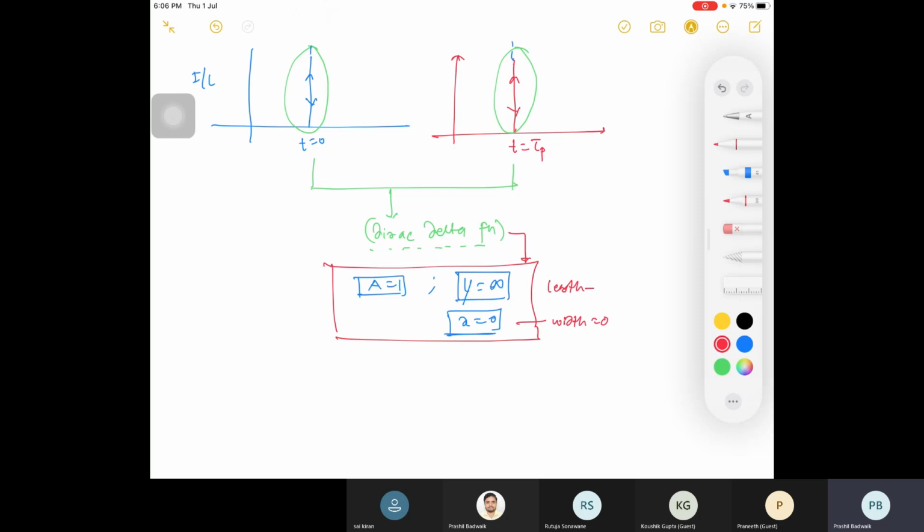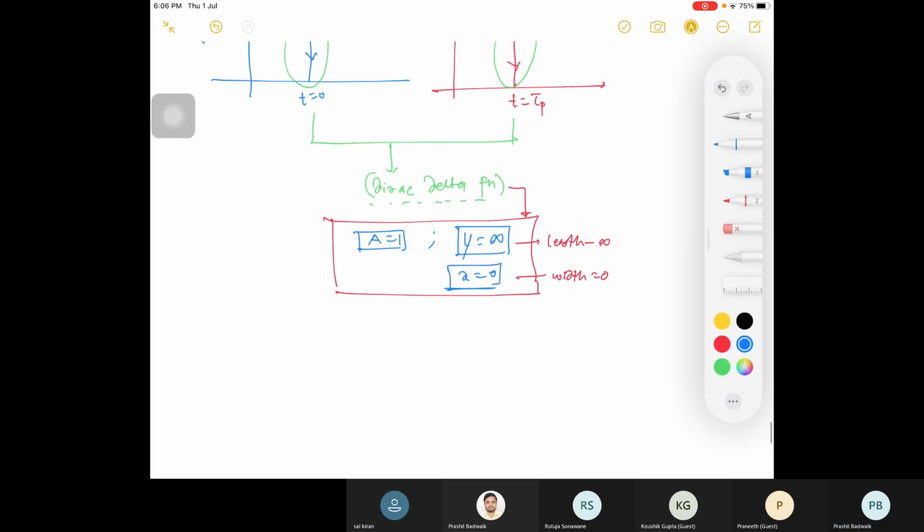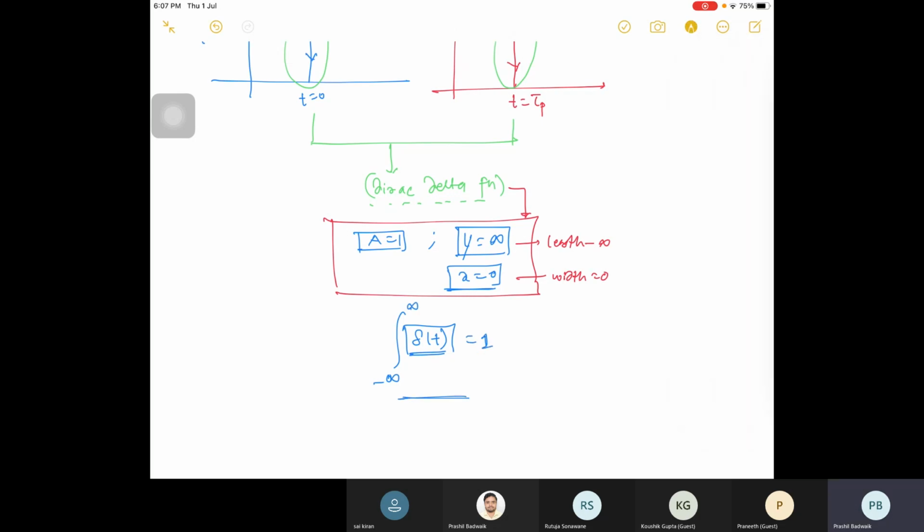This is generally asked for PFR. The Dirac delta function can be written as delta of t, and when integrating it from minus infinity to plus infinity, its value is equal to 1. The area under the curve is 1.